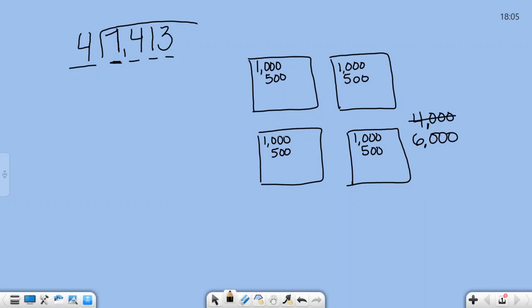So now I can skip count by other numbers. I could try 200. That's another one that kids can count by quickly. So 6,200, 6,400, 6,600, 6,800. Now I still have, let's see, I have 200 to get to with the 7,000 and then 400 more.